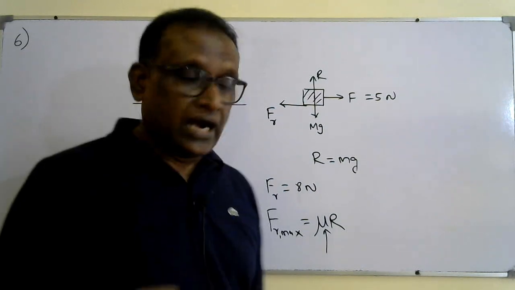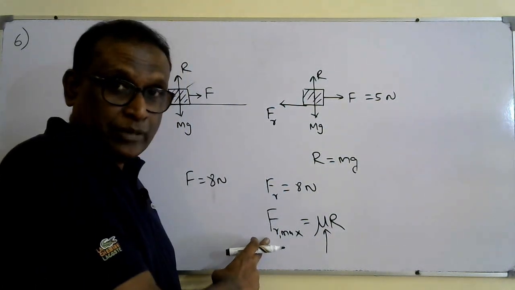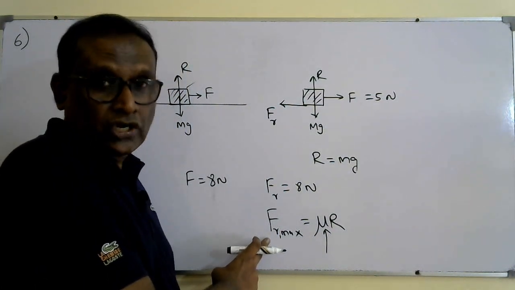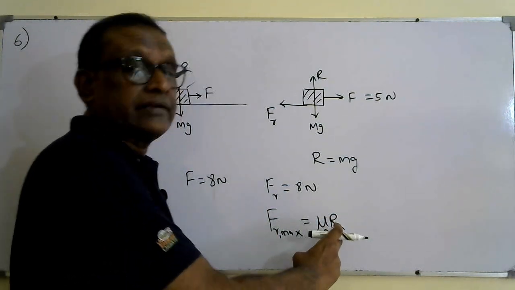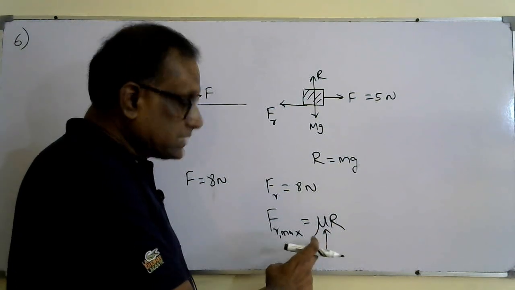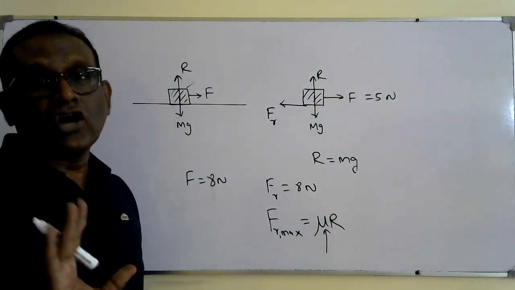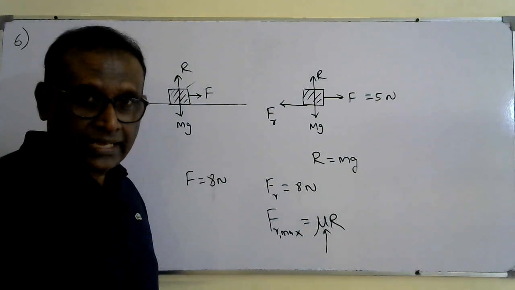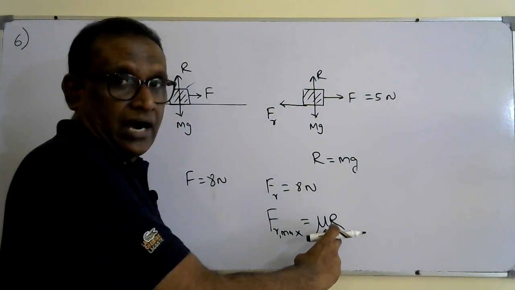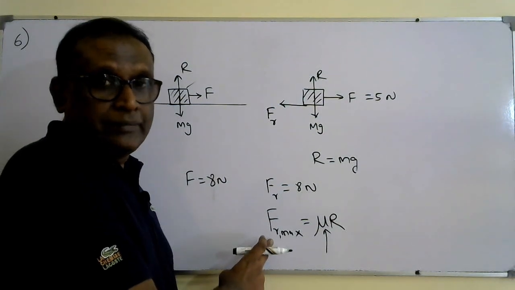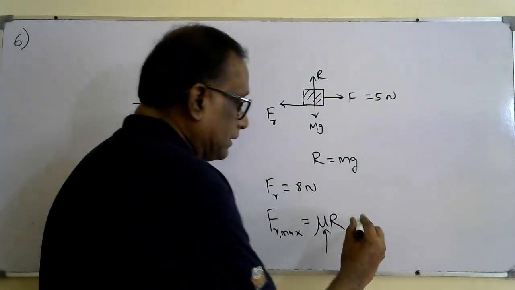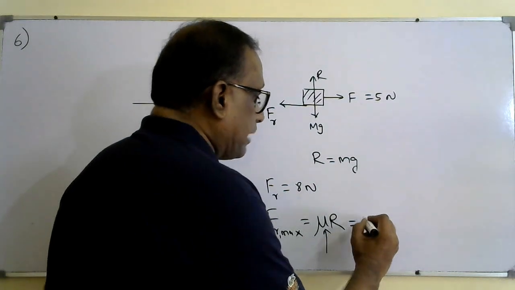So the maximum limiting friction is also not constant. It is constant only when R remains constant. Mu we take as constant for a common contact surface. So by varying R, we can also vary the limiting friction. So the limiting friction means, for example, the limiting friction is 12 Newton.